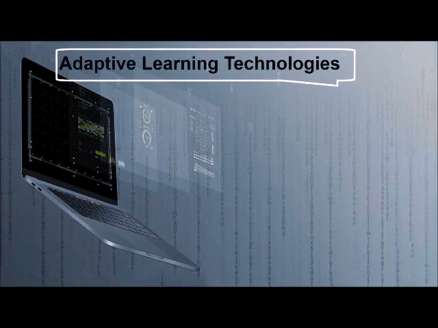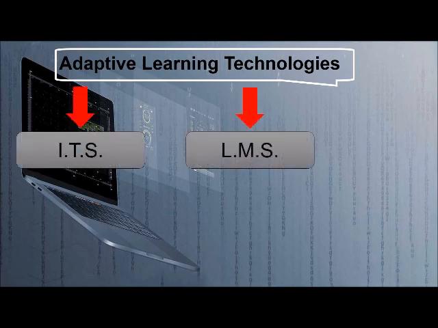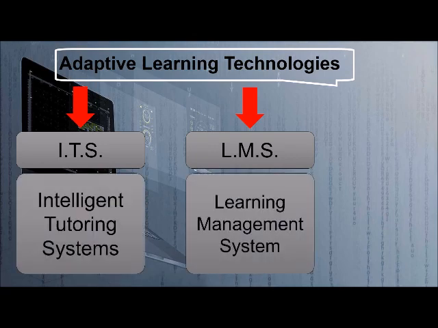So what are some adaptive learning technologies? Actually, there are two main adaptive learning technologies I have considered here. The first one is the ITS, or the Intelligent Tutoring System. The second one is the LMS, or the Learning Management System.